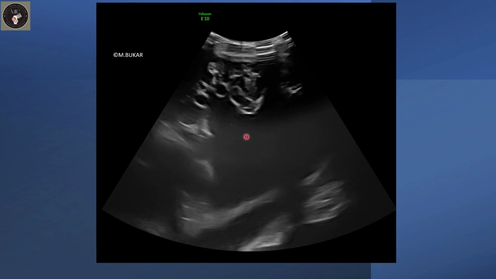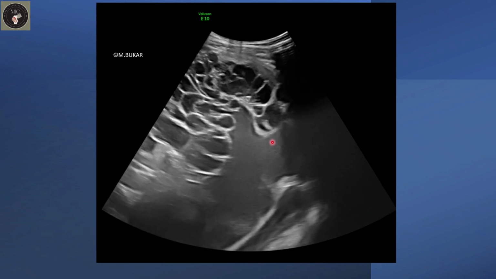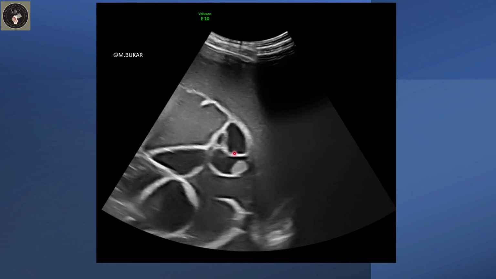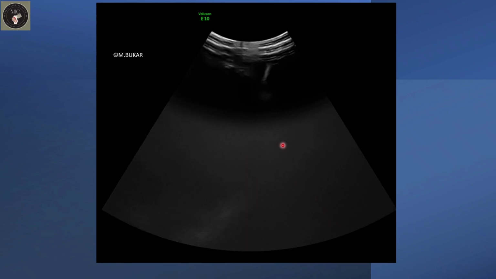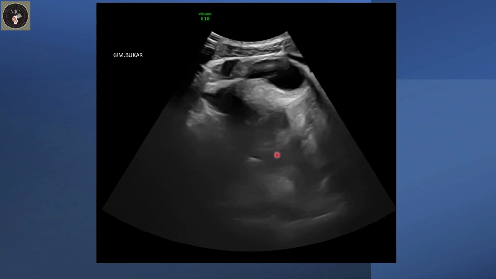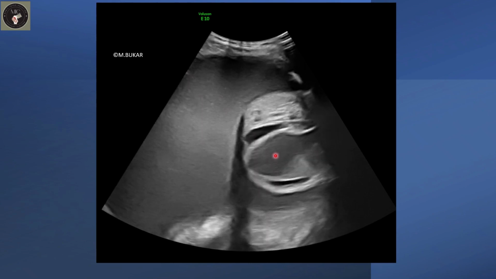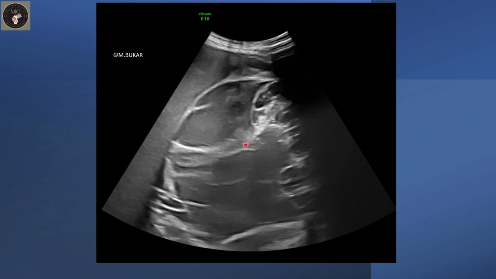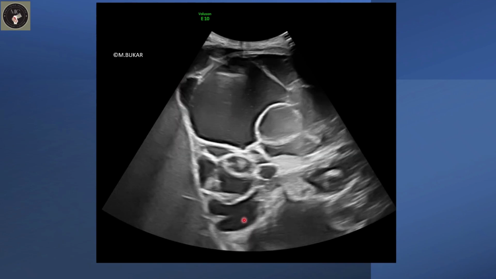At times, clumps of mucin seen here may be mistaken for solid lesion. Are these papillary projections or not?